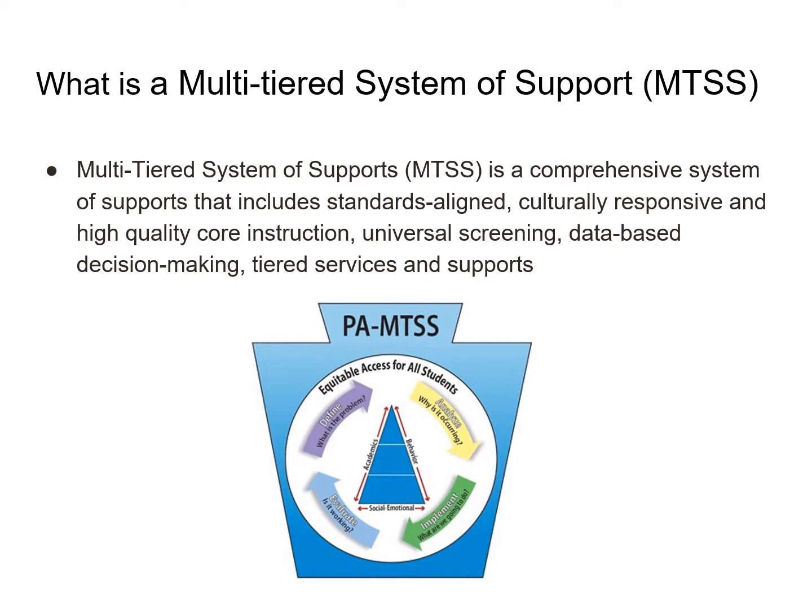MTSS includes standards-aligned, culturally responsive, and high-quality core instruction for all students, along with universal screening to identify those students with greater support needs. In addition, data-based decision-making is used to determine both support needs and responsiveness to intervention. Finally, MTSS includes supports and services in a tiered fashion depending on student need.